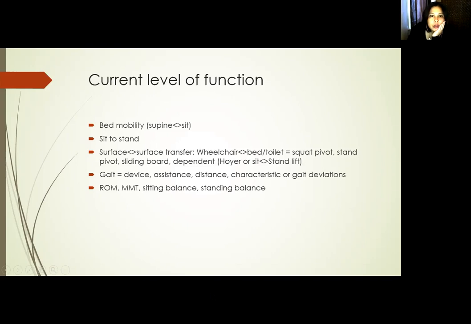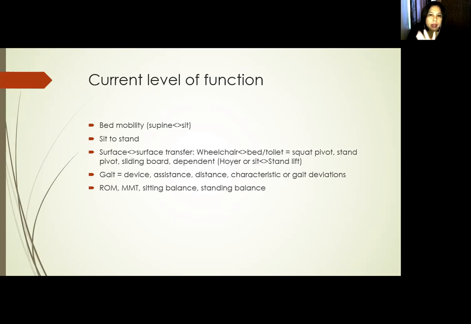Gait, did you use an assistive device? What kind of assistive device did you use? Was it a walker, a cane, a quad cane, a hemi walker? How much assistance did the patient need? How far did the patient walk? And the gait deviations, usually is there a heel strike or no heel strike? How was the push off or the foot clearance of the patient?